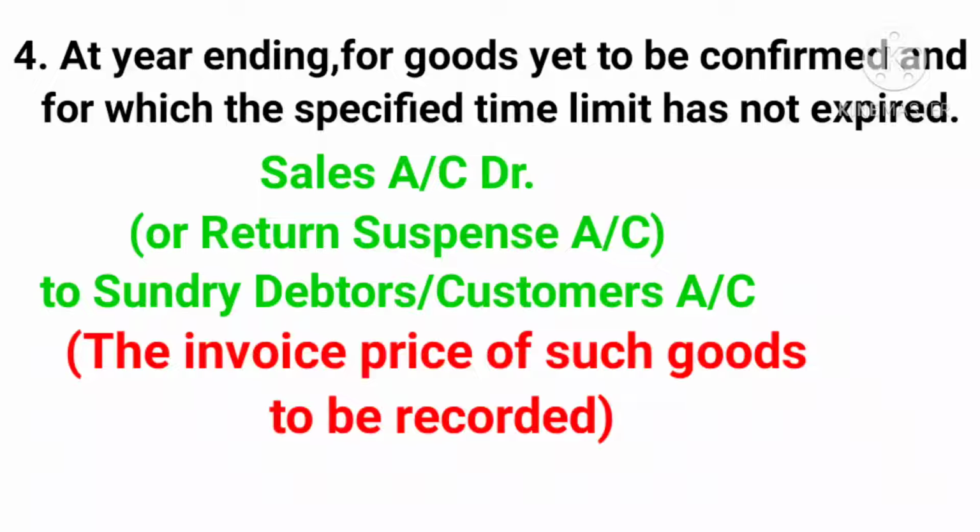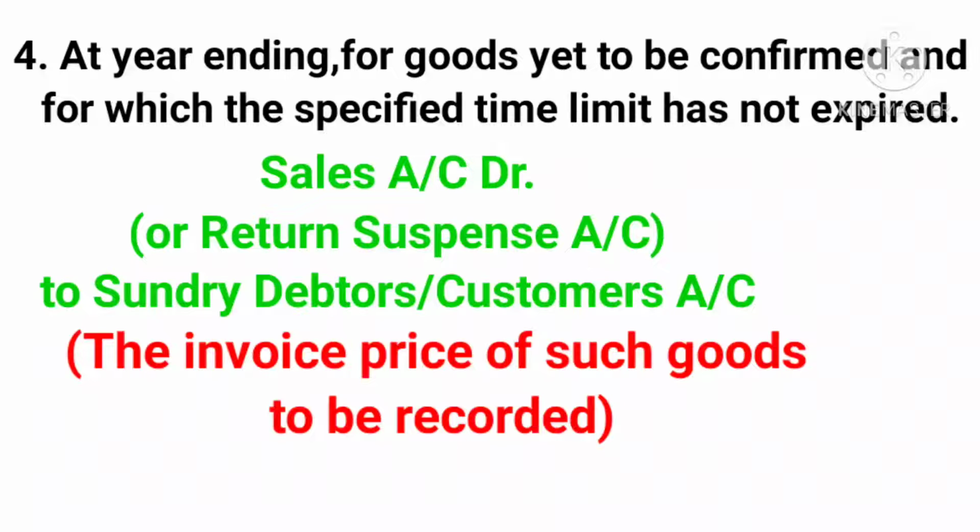In order to ascertain actual profit and loss, the seller has to work out actual sales, actual value of sundry debtors and closing stock. So, at the time of closing of the financial year, the seller has to pass some adjustment entries against the unsold stock lying with the buyers.